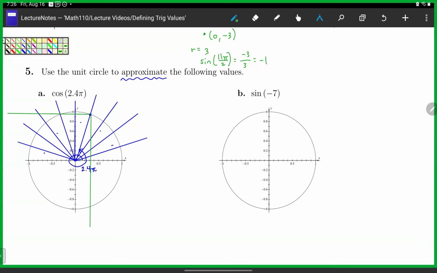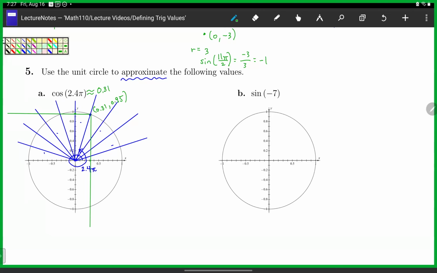And it looks like my x-coordinate is around 0.31, and the y-coordinate looks like 0.95, just looking at where those coordinates are on the axes. The cosine is the x-coordinate, so I would say this is approximately 0.31, based on what I can see here.